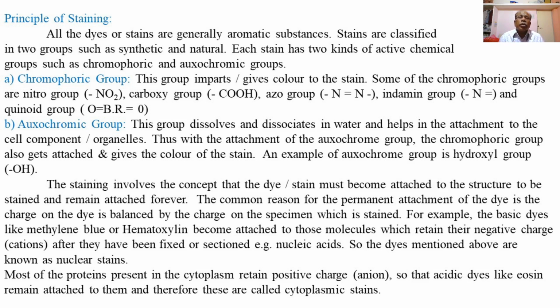Some of the chromophoric groups are nitro group, carboxyl group, azo group, indamine group, and the quinoid group. These are examples of the chromophoric groups of the stains, which give a particular color to the stains themselves.